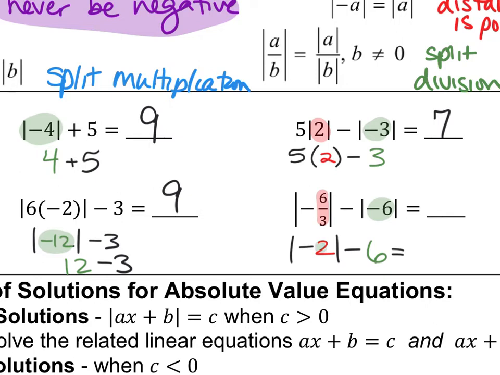What is the absolute value of negative 2? 2. So we're just doing 2 minus 6. What is 2 minus 6? Oh, now we get negative 4. Very close. Yes, 6 minus 2 is 4, but 2 minus 6 is negative 4. So we can do arithmetic with these numbers. Yes?